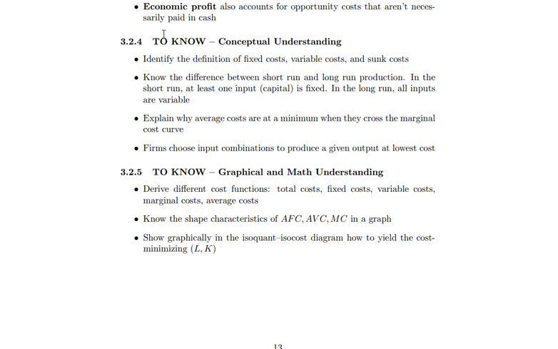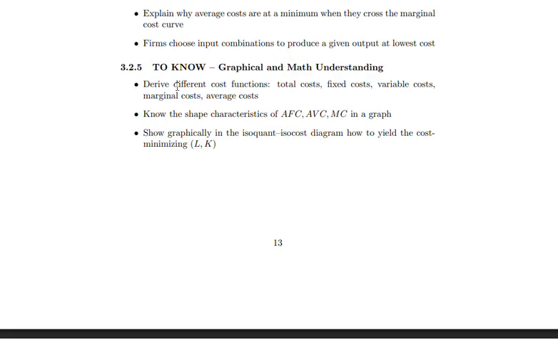To know: identify the definitions of fixed cost, variable cost, and sunk cost. Know the difference between short-run and long-run production. In the short run, at least one input is fixed. In the long run, all inputs are variable. Explain why average costs are at a minimum when they cross the marginal cost curve. First, choose the input combination to produce a given output at lowest cost.